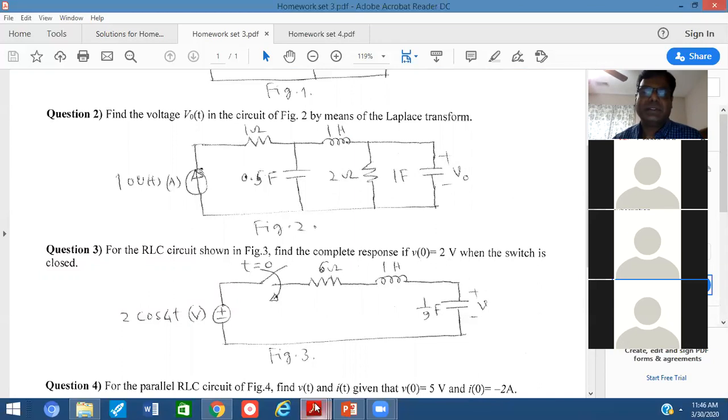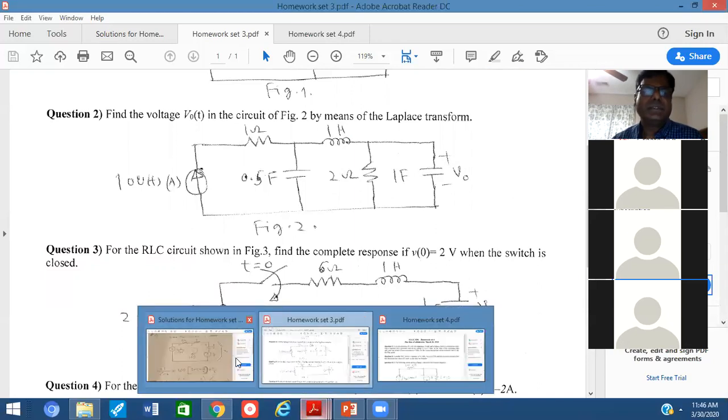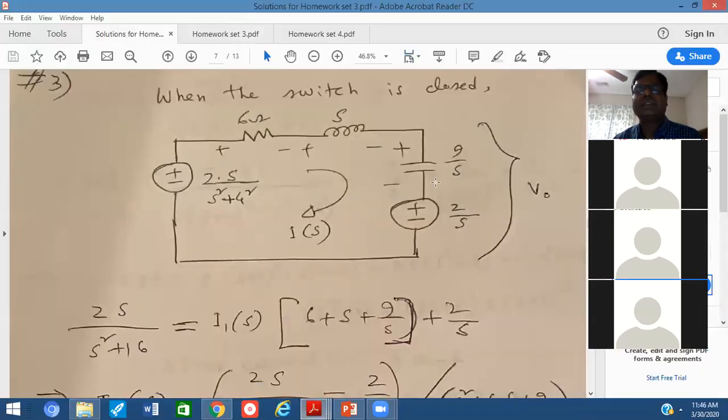So therefore, based on this information, if you see the solution, because this was the series circuit, I divided that capacitor into 2 parts. So this is 9 over S and this is the voltage, so it's 2 over S. So now you see this is the total V naught we have to take into account. So this is the input and 6 ohm, this is S. I assume that in this loop current flowing is I(S).